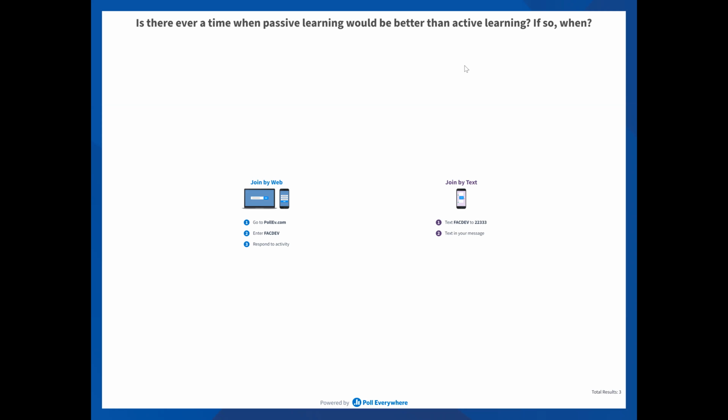A time when passive learning is superior is when students are in the anatomy lab learning structures, the relationship between structures. Passive learning, I think, is sometimes better when it's just basic information that the student may not have to recall, but maybe foundational things.